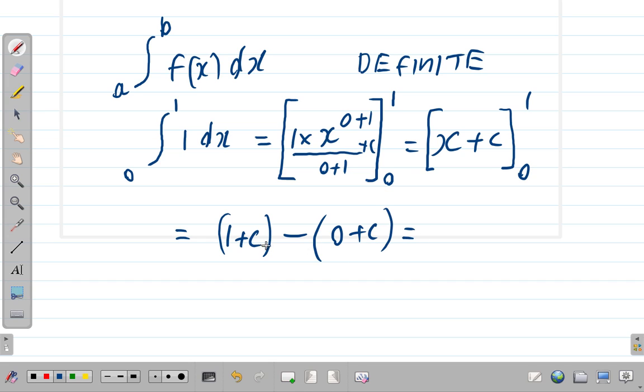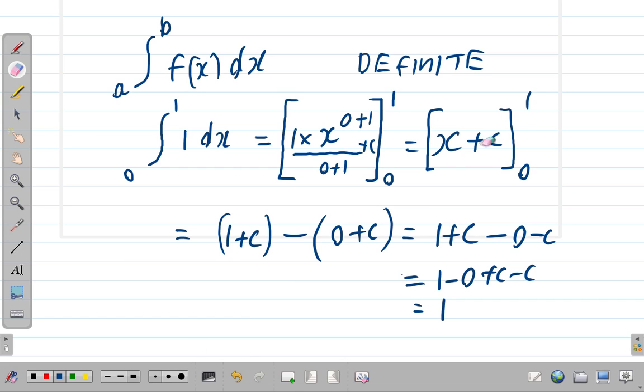All right, what does that amount to? Let's remove the bracket. This is 1 plus c, minus 0. When you remove the bracket, this will be a minus c. So let's put like terms together, number with number, c with c: 1 minus 0 plus c minus c. So this amounts to 1, and c minus c. Now the fact is, if you're doing definite integration, you will not need to put the c.